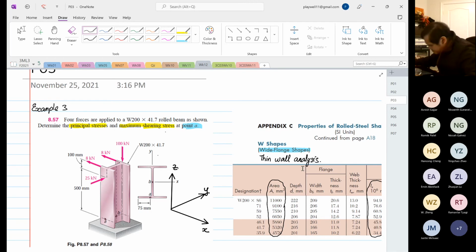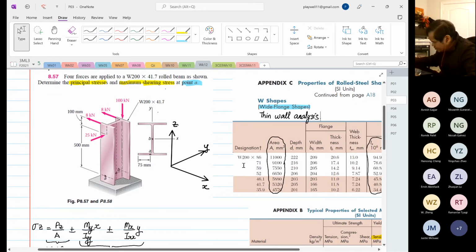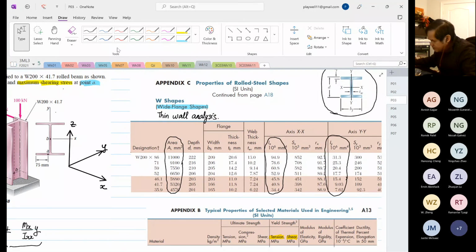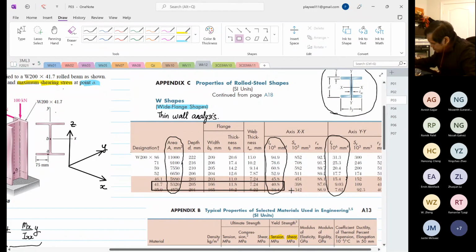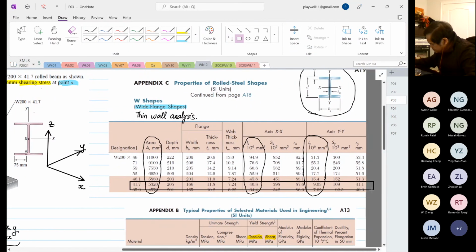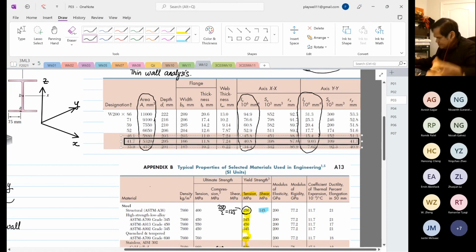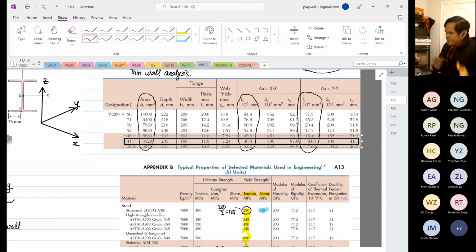Then from here, we write down our values first. The beam that has been selected is W200 by 41.7. So if you were to ask me how this situation can play out for you, for example, the loading is given and you have decided to use this beam.